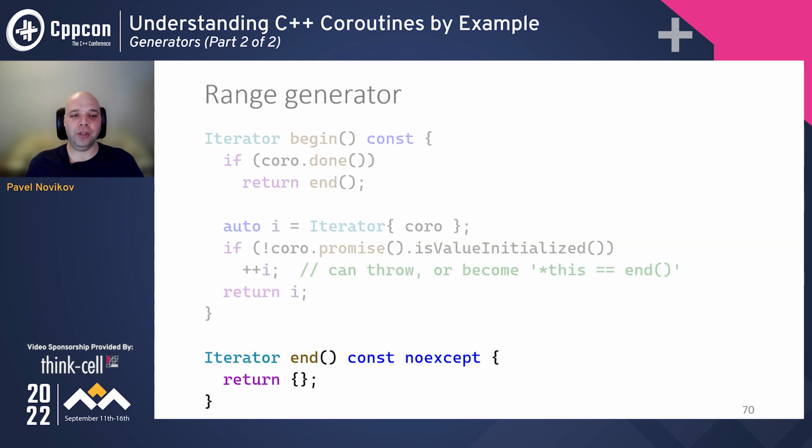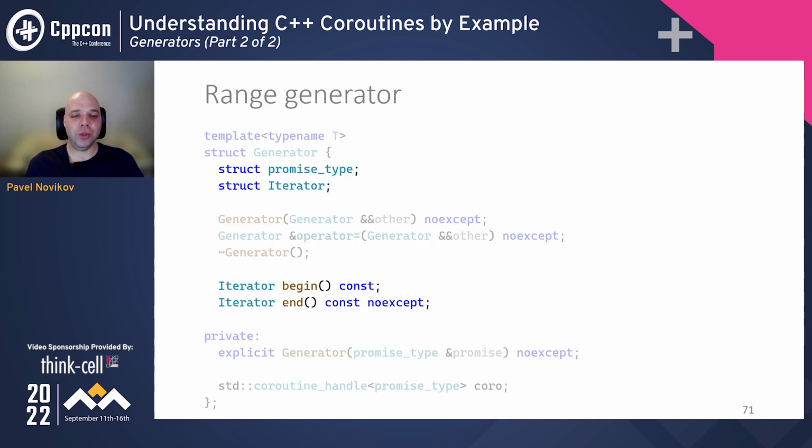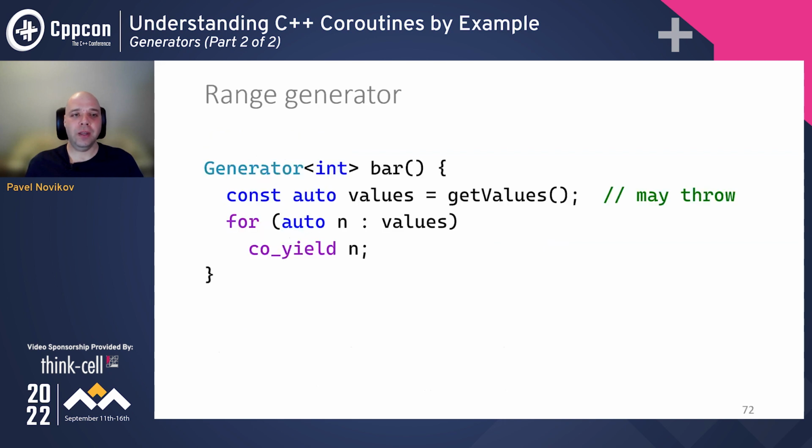We just return a default constructed iterator, which is basically a sentinel iterator, and it contains a null pointer to the coroutine, indicating that it is not connected, and therefore this is a sentinel end iterator. So these are the changes that we had to make. Notice again that begin can throw and end never throws.